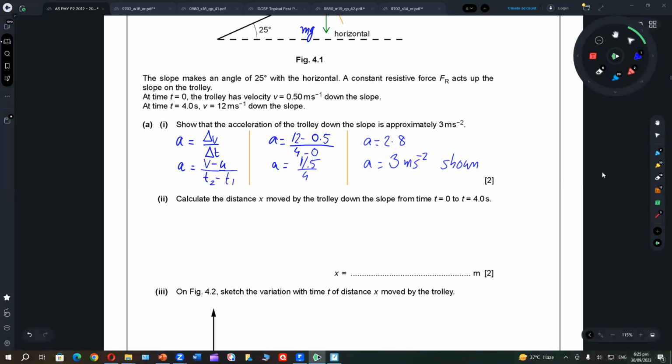We can also use s equals vt. 2as is equal to v squared minus u squared. u is equal to 0.5, v is equal to 12, acceleration is 2.8, and distance is the question mark.